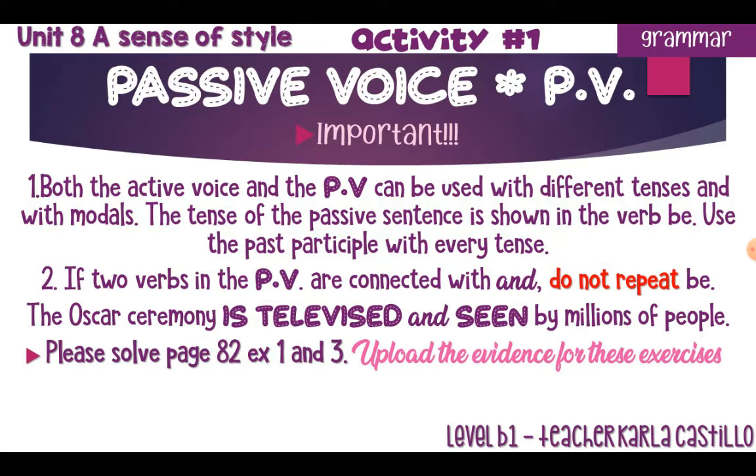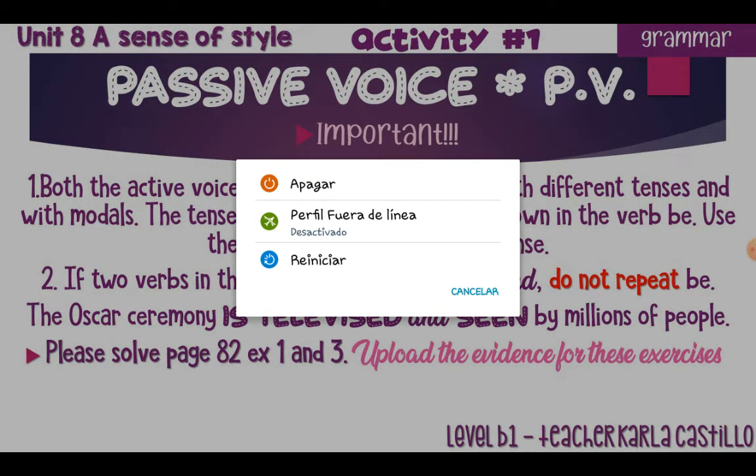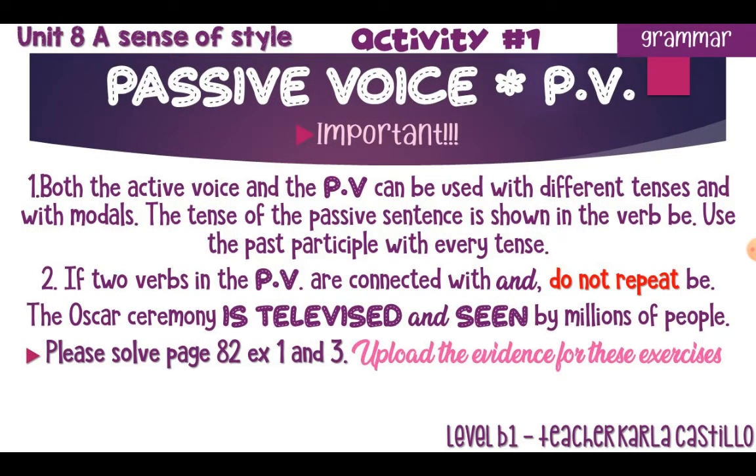The other important thing is if you have two verbs in the passive voice connected with and, please do not repeat be. The Oscar ceremony is televised and seen by millions of people. It means you're going to join both verbs with and.